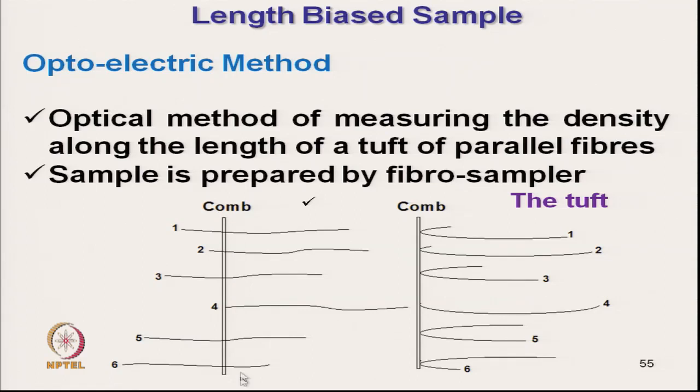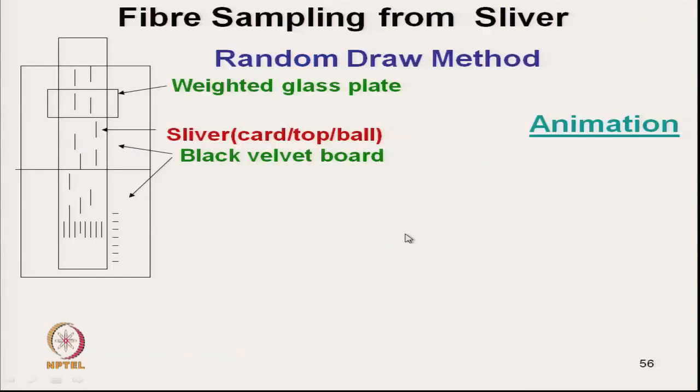This is the clamped fiber, and finally this is the tuft that we have seen earlier. In the optoelectric method, the density of fibers present is measured optically. That we will discuss here.